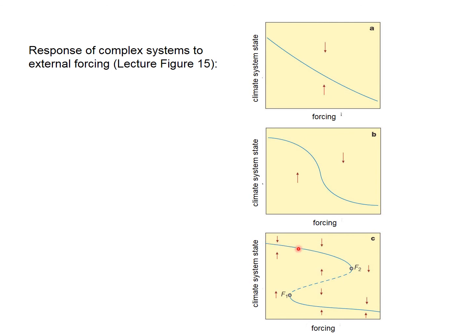But imagine if we start to carry on increasing our forcing to some point where the ice sheet has reduced in size by a significant amount, then with no more forcing, the ice sheet will continue to collapse. So it doesn't matter what we do to the temperature, it will continue to collapse. Okay, so it's reached some critical threshold, where the ice sheet is now so small, it basically runaway collapses.